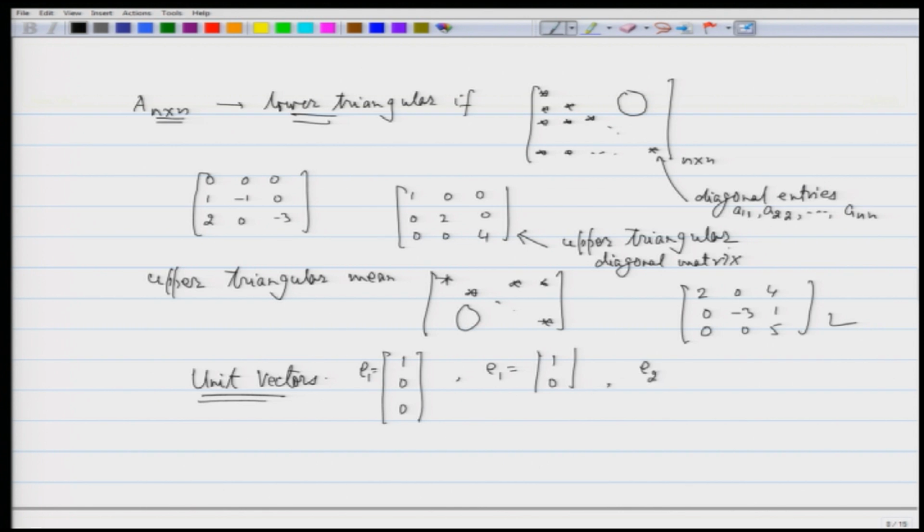Similarly, if I write E2, it will mean that the second entry is non-zero and the other entries are 0. It could also be of bigger size 4 or any n. So, E2 means the second entry is 1 and the rest of the entries are 0, fine.